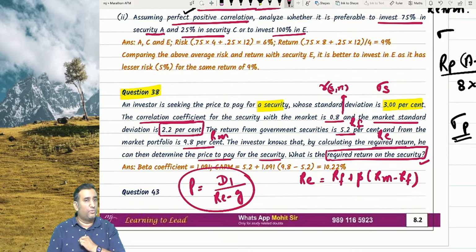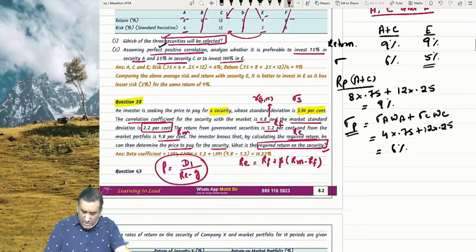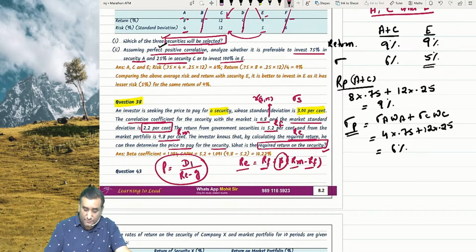In the second question I'll ask you. So in the first question he says, investor knows that by calculating the required return RE, he can then determine the price to pay for a security. That means in this case I have to calculate RE. RF I know, RM I know, beta I need to calculate.